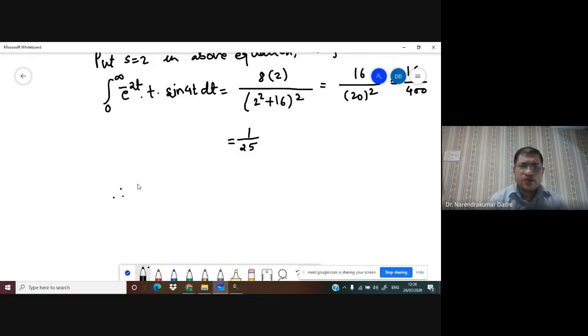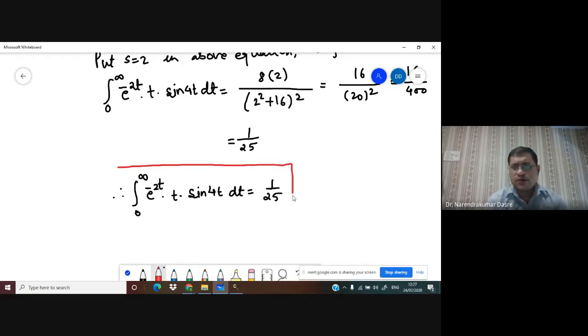So we got the value of the integral: the integral from 0 to infinity of e raised to minus 2t into t into sine of 4t dt is 1 by 25. So easily we are able to get it.